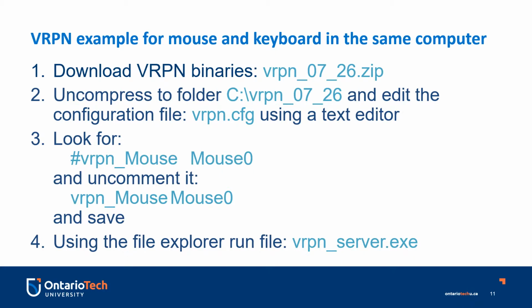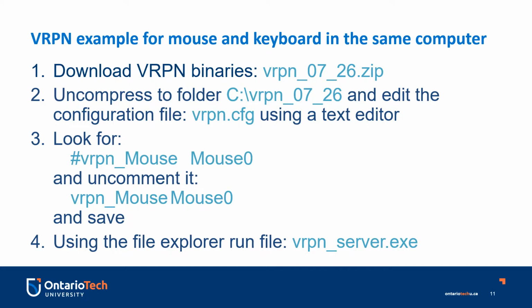This is an example for VRPN where the user can use the keyboard and mouse information and send it to another host. In this example, we will use the same computer for both server and client.